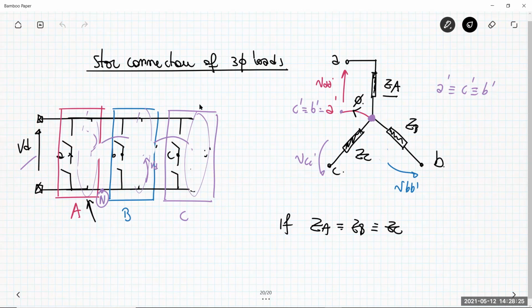Do you have questions about this discussion? What if the loads are different? Then the current exiting from these nodes is effectively not null.